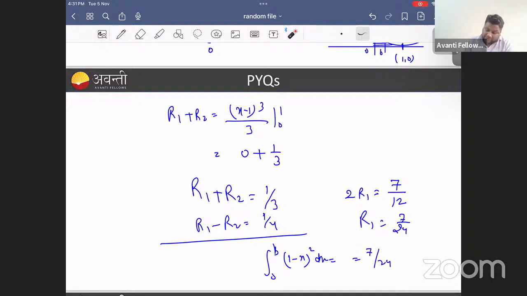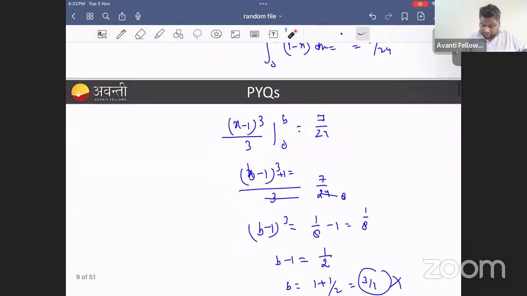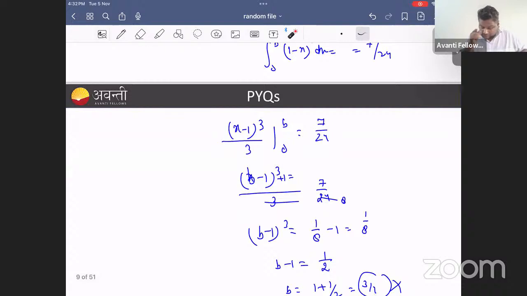Now the integration 0 to b of (x minus 1) whole square dx should be 7 upon 24. The value of b I am getting is 3 by 2.